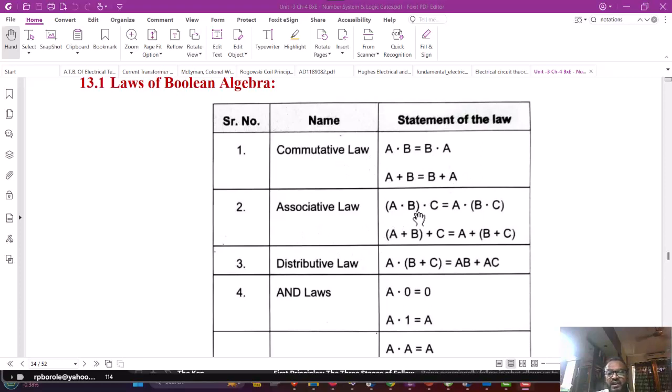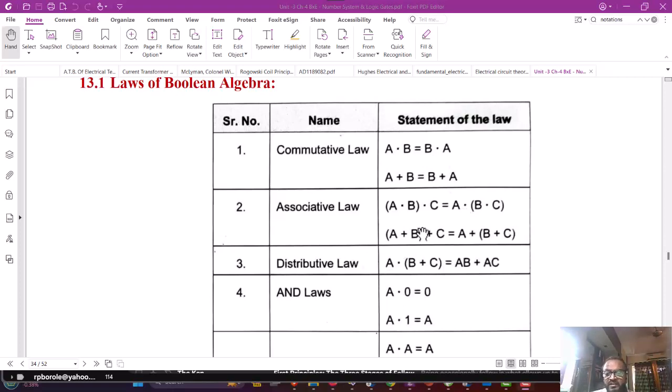Associative law: A dot B in bracket dot C. You can group it now as A dot in bracket B and C. So grouping the variables in a different order also doesn't affect the operation.